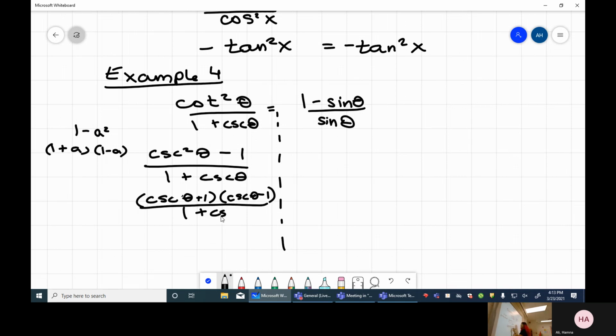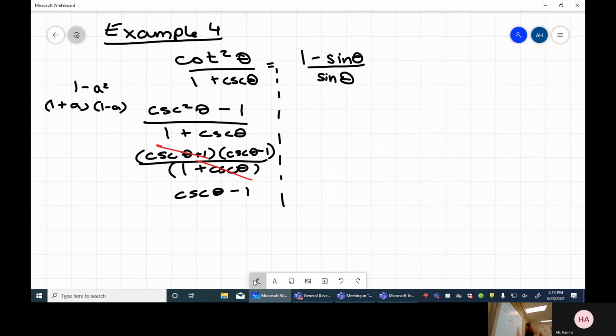And divide by 1 plus cosecant theta. We see that we have a common term here, cosecant theta plus 1 and 1 plus cosecant theta are the same thing, so I can just cancel those out. And I'm left with cosecant theta minus 1. From here, this doesn't really look like my other side, so there's two things we can do.